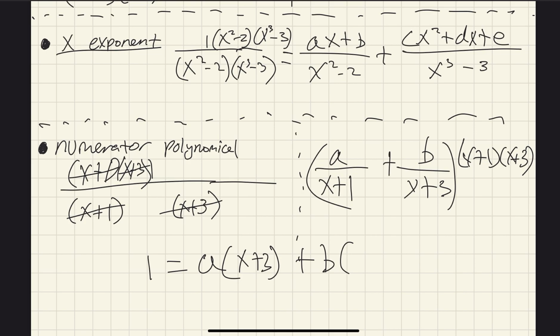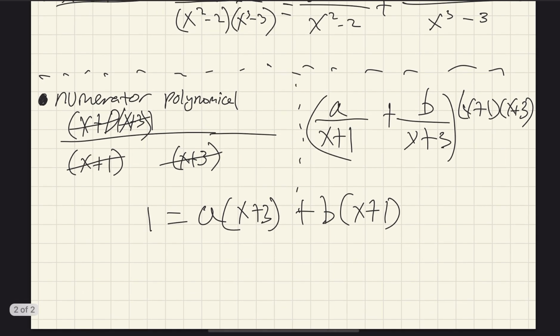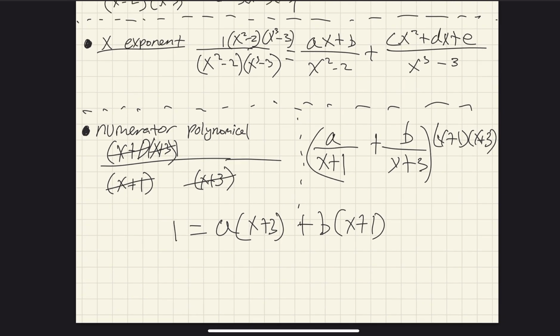This is going to look way easier, right? So then we could plug in -3 for x here, solve it out. That would cancel that out. We could solve for b. Then once you have b, you can solve for a. Way easier than having a whole bunch of terms.